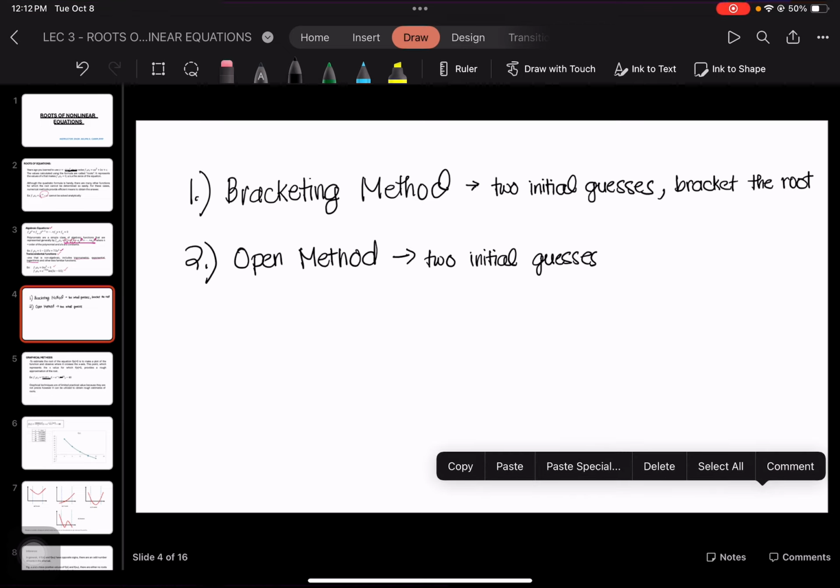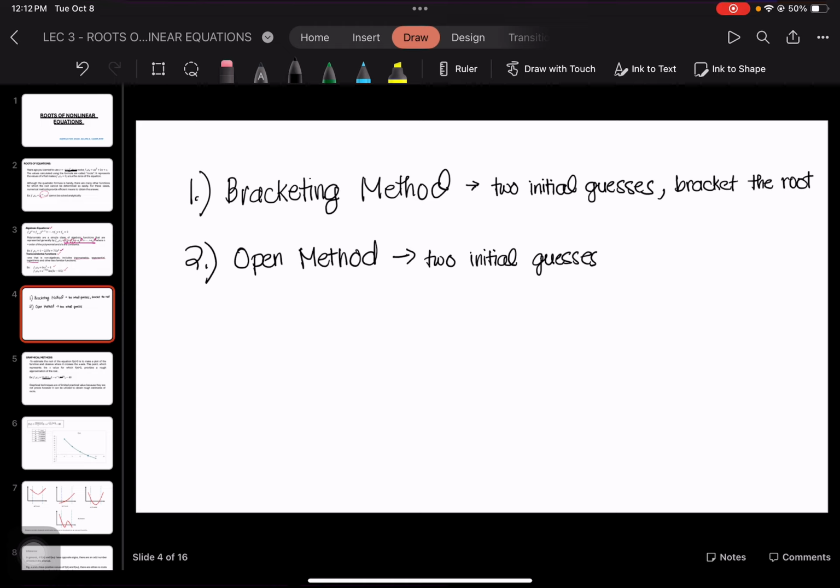So, if the value of the root is 2, your 2 initial guesses might be 0, and then 6, no? Not necessarily very close to the root, kasi, diba, hindi naman natin alam kung ano yung value ng root. So, i-bracket lang natin, even though it's far sa root, as long as it brackets the root. Yun yung sa bracketing method.